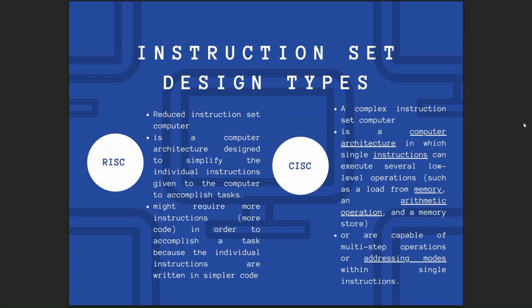As mentioned in our first lecture, these represent two different design philosophies. RISC focuses on simple, fast instructions, while CISC focuses on powerful multi-operation instructions. So both approaches have strengths and are used in modern processors.